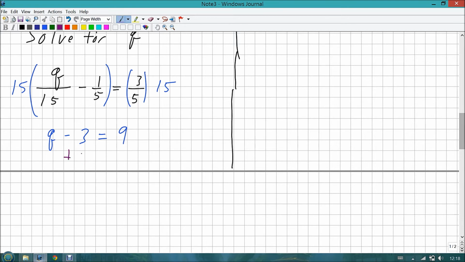We add. Add 3 to both sides. And now we have Q is equal to 9 plus 3, which is 12. And shazam, we are done. We got rid of the fractions in one fell swoop, and everything else is beautiful.